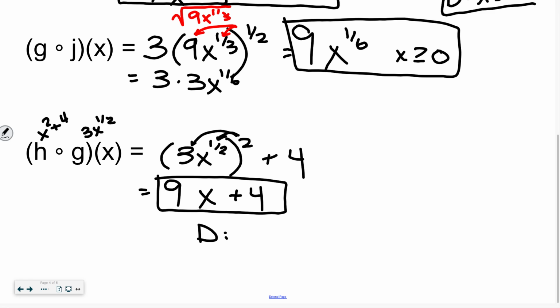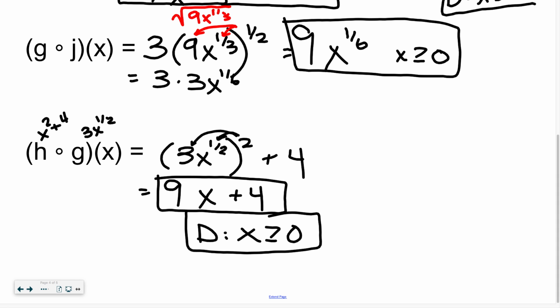Greater than or equal to 0. So because in this composition you have to be plugging into the inside function first, you're going to restrict your domain: x is greater than or equal to 0. That's probably the toughest domain, usually in a composition.